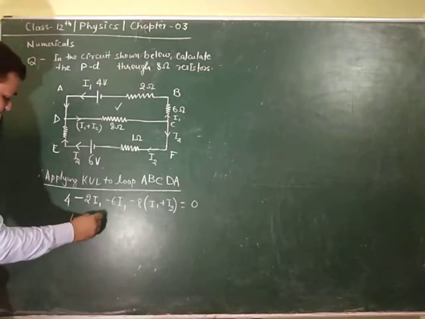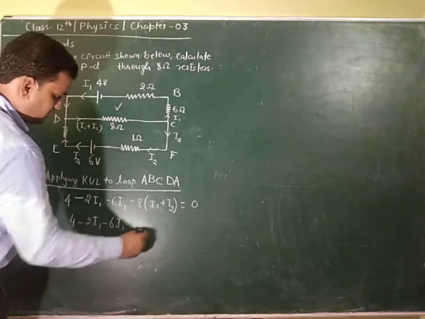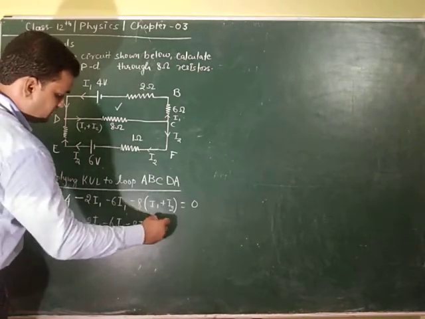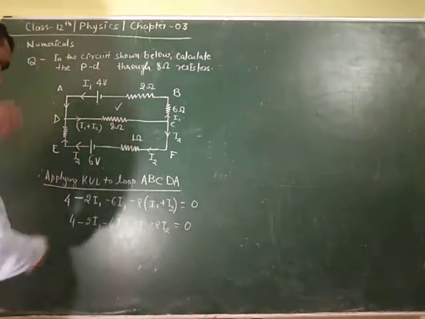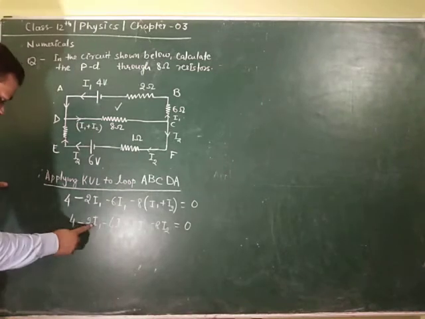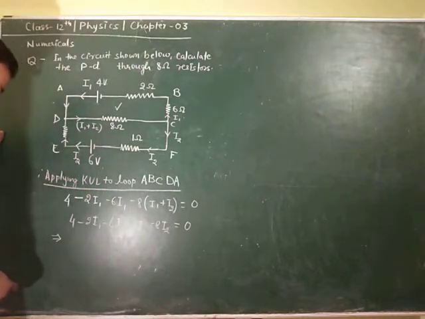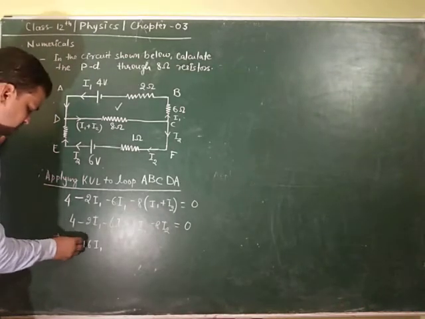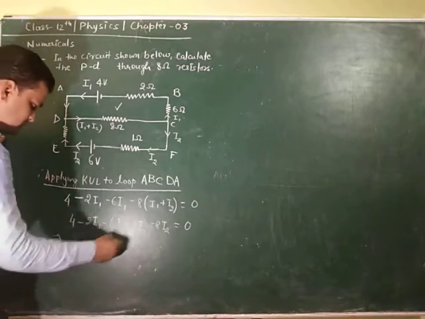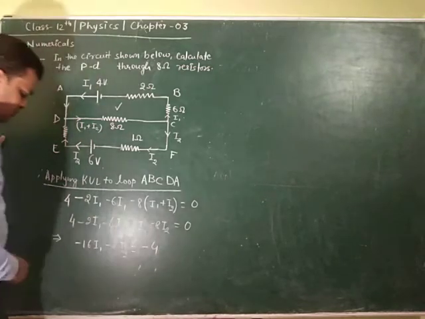So this is 4 minus 2I1 minus 6I1 minus 8I1 minus 8I2 is equals to 0. Transposing all the I1 and I2 to that side, it becomes 2I1 and 6I1 and this 8 is equals to a total of 16. So 16I1 plus 8I2, and this 4 becomes minus 4 on that side.